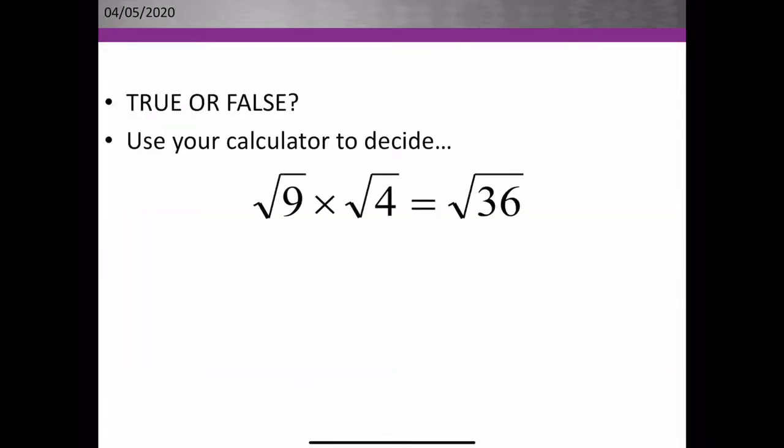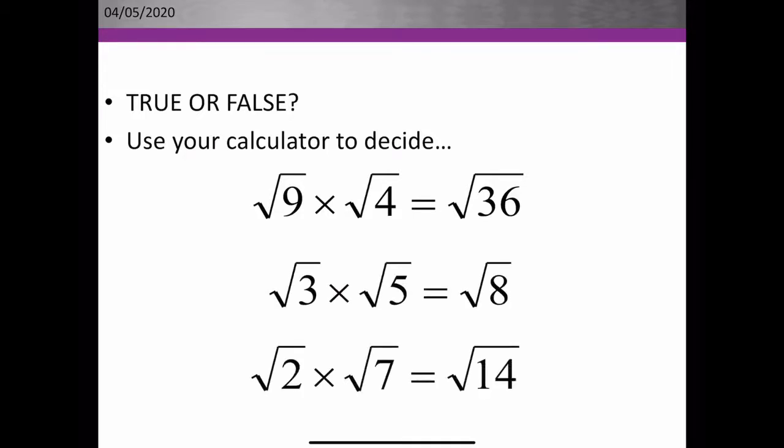Square root 9 times square root 4. Is it equal to square root 36? Square root 3 times square root 5 is equal to square root 8. Square root 2 times square root 7 is equal to square root 14. Well, square root 9 is 3.